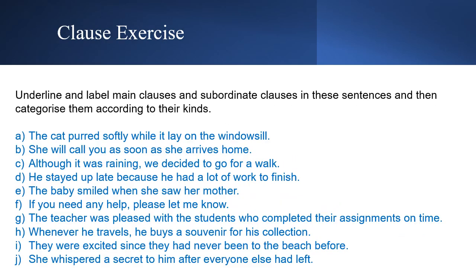Here is an exercise for you now. Read these sentences, underline the main clause and the subordinate clause separately, and then categorize them. You can use different colors, pens in your notebooks. Underline the main clause with a different color, or put a straight line under the main clause, and a wavy line under the subordinate clause, and label them.